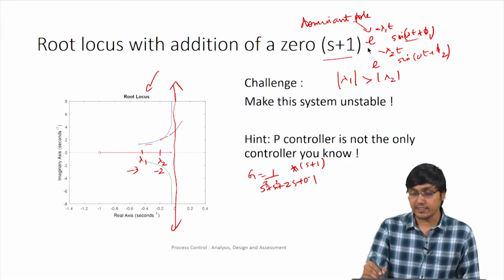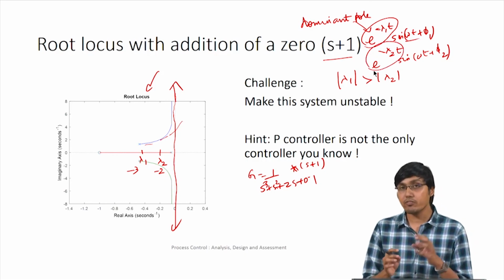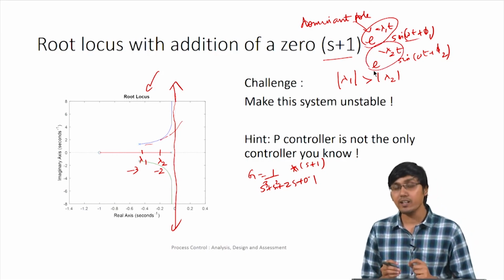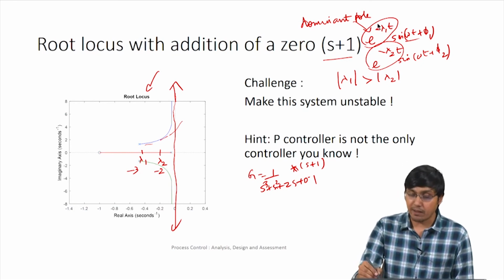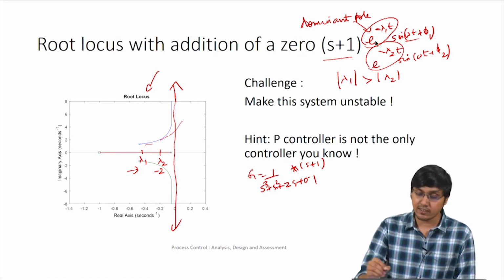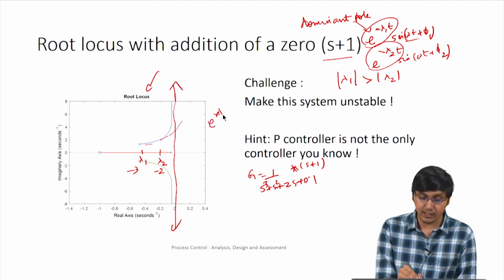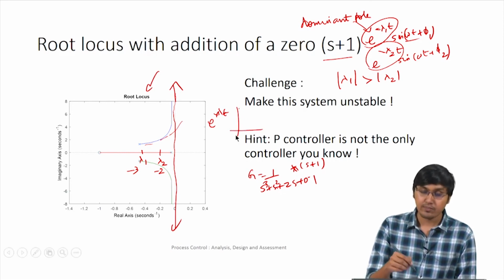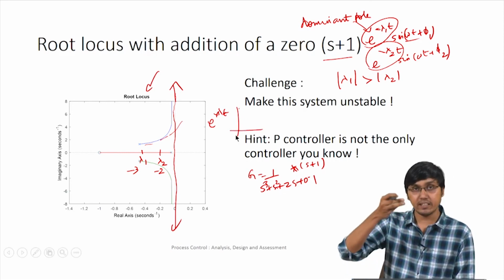Now if you can see here, e power minus lambda 1 t and e power minus lambda 2 t: which of these terms is going to have a bigger impact? Since lambda 1 is higher, e power minus lambda 1 t, if you plot it, is going to fall exponentially at a very high rate.